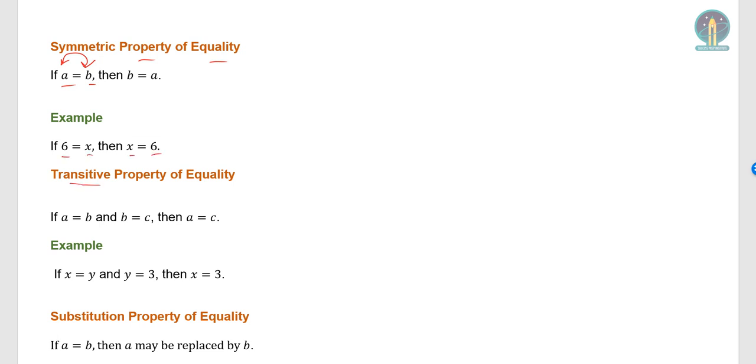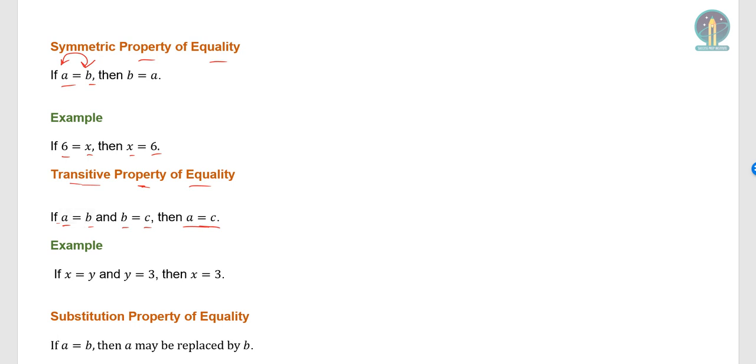The transitive property of equality. If a is equal to b and b is equal to c, then a is equal to c. Okay, if you have more than two expressions that have an equal relationship, then the additional expressions beyond the two can be equated together.